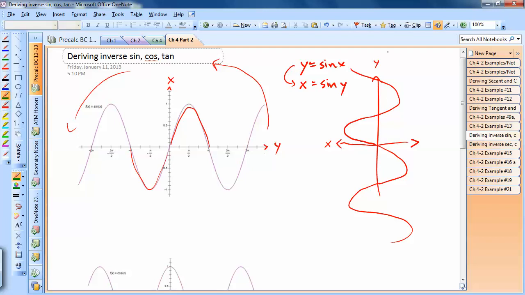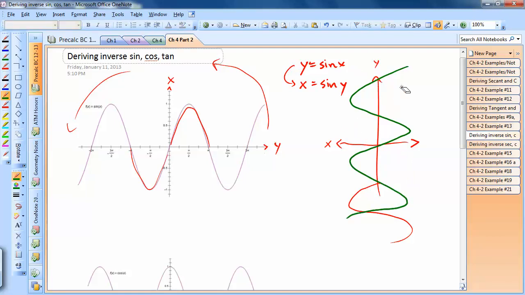So I'll do that in a different color and then erase the red. So that would be this instead. Right? So let me get rid of this and that and this. So now our x is actually pointing in the correct direction. And what I've graphed here in green is the graph of sine of y equals x, which is the inverse of y equals sine of x.